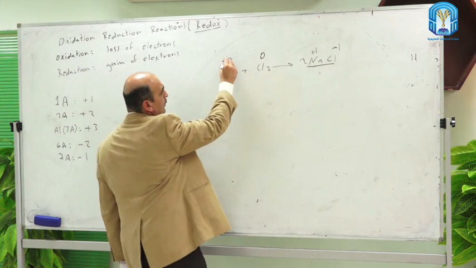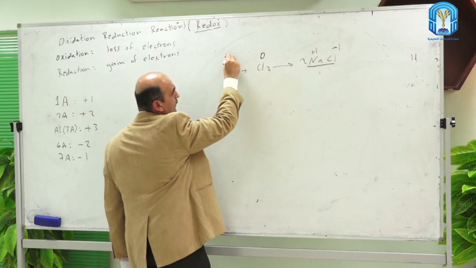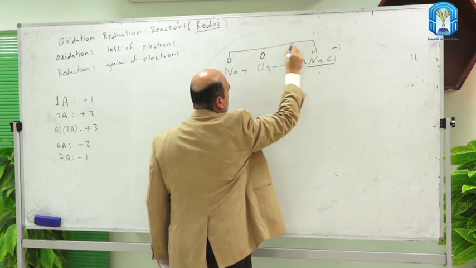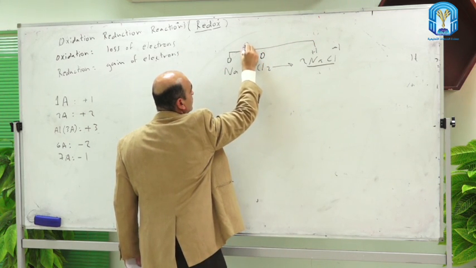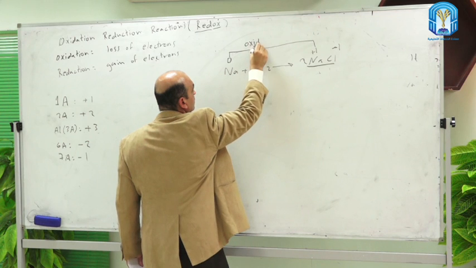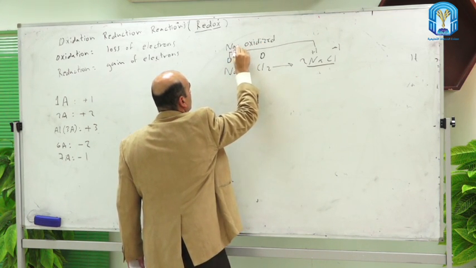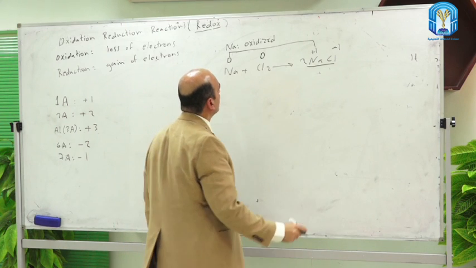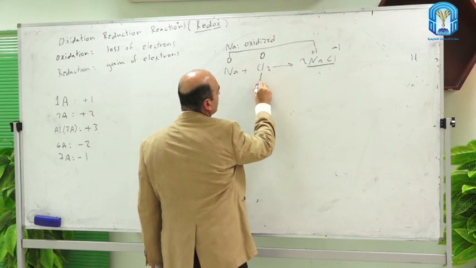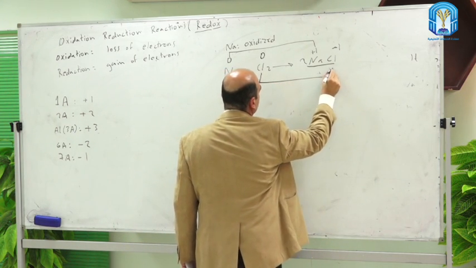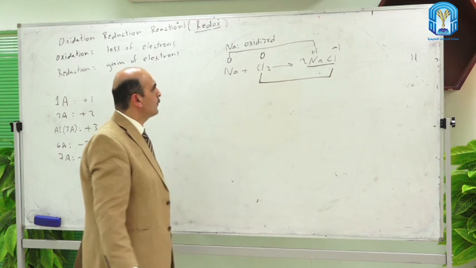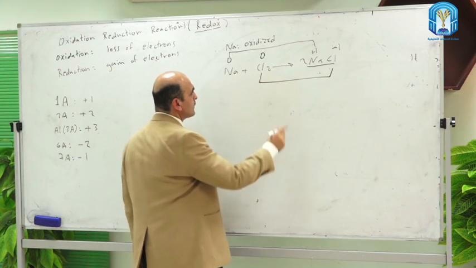So we see here the sodium got oxidized. Cl is reduced, the chlorine is reduced.